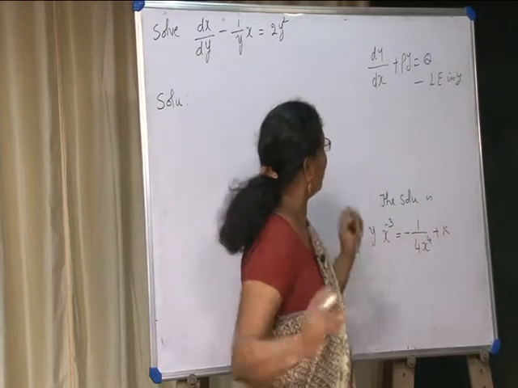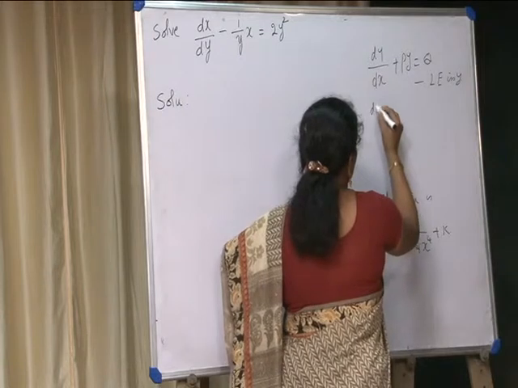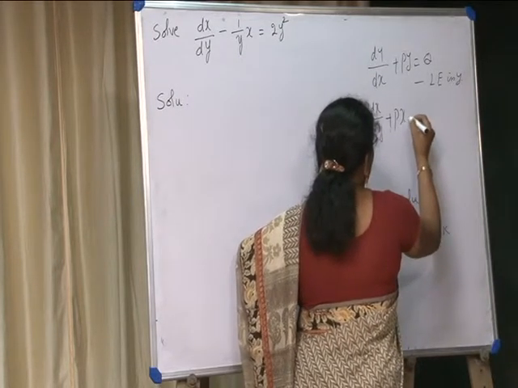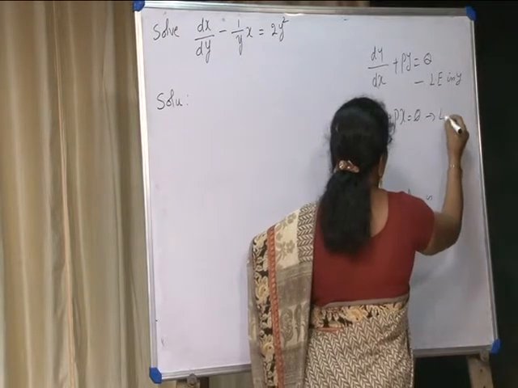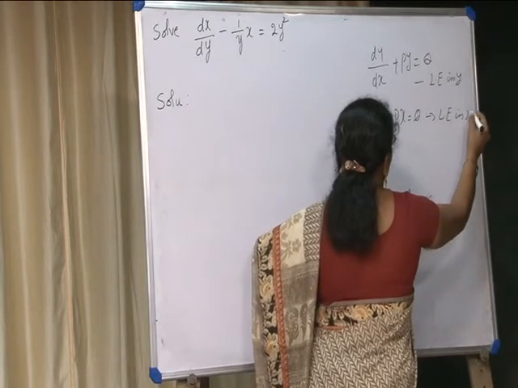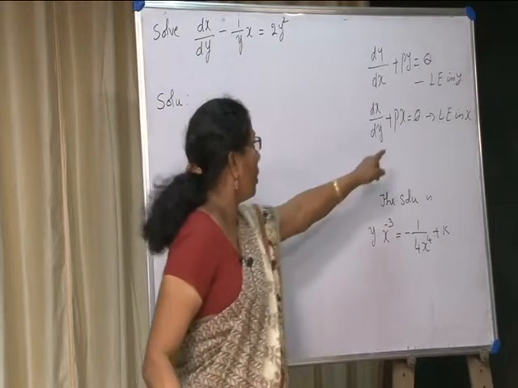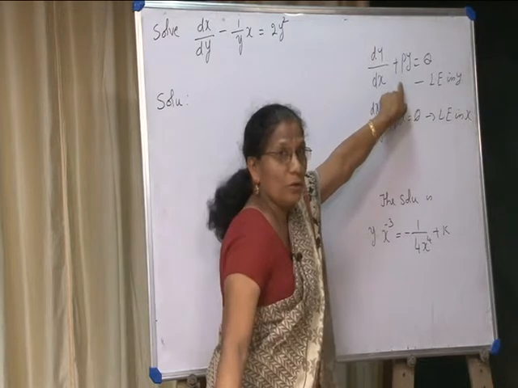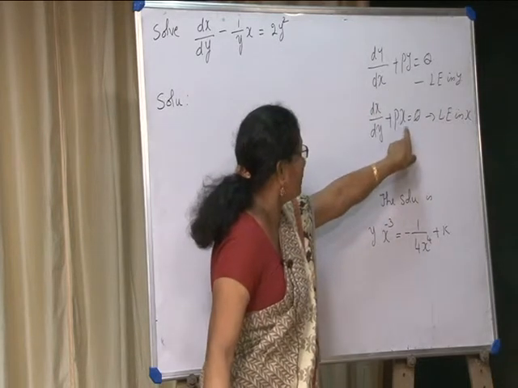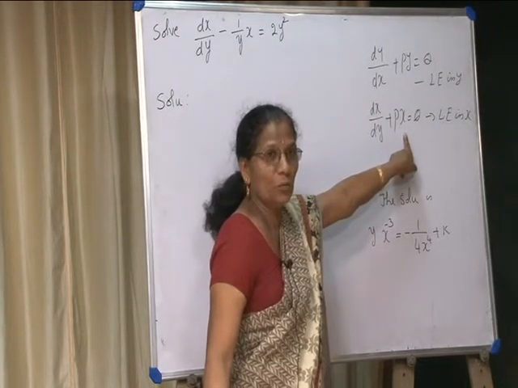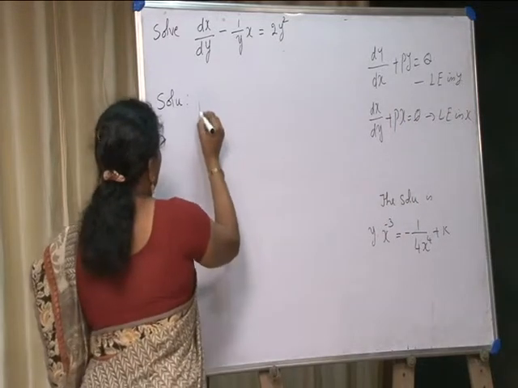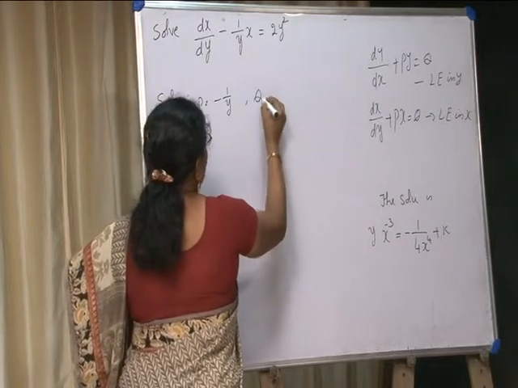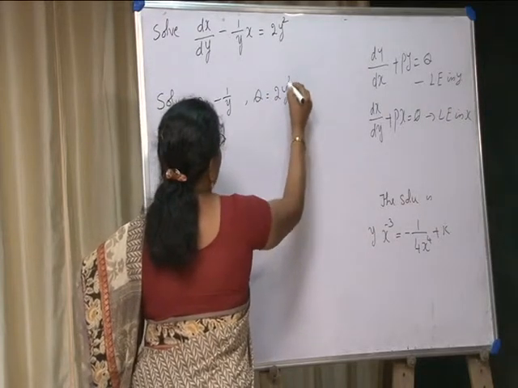That is a linear equation in x, where p and q are functions of y. Here p and q are functions of x, but in this case p and q are functions of y. So p is equal to minus 1 over y, q is equal to 2y squared.